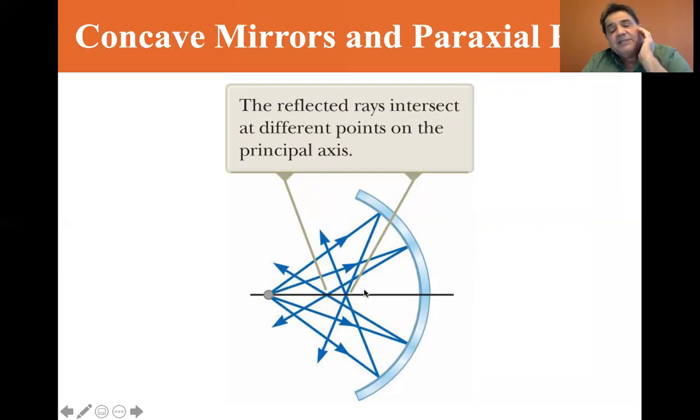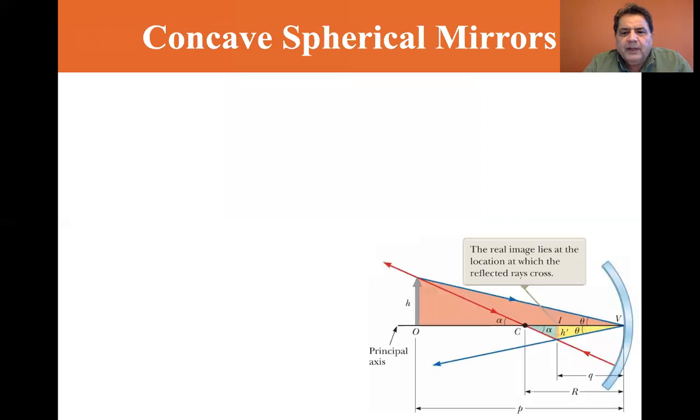This actually doesn't seem to be drawn to scale, because these almost look more like the focal point, but that's incorrect. These wide angle reflections miss this image focal point, but for small angles, you will get it right at the focal point.